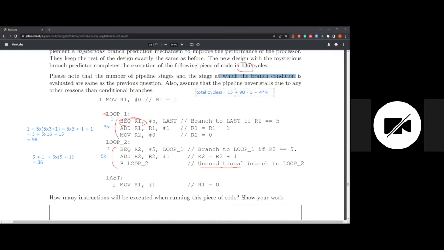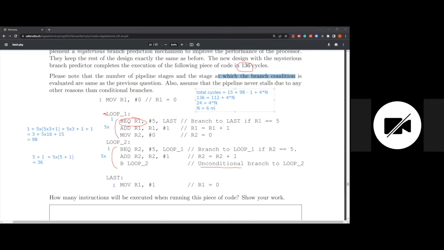Okay, and then here we can replace the total cycles with 136, which is given in the question. And then do the math, right? So this is 112 plus 4 times n. And then from here we find 24 equals 4 times n, and from here n equals 6.